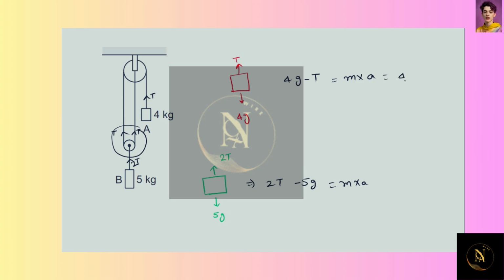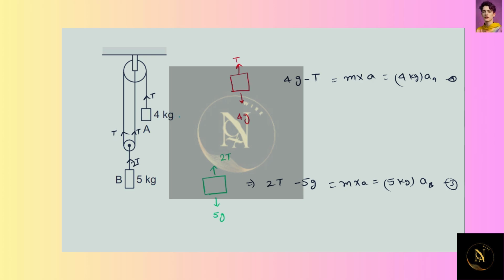So here mass is 4 kg and acceleration is what we have to find out, and here mass is 5 kg and acceleration, let us say, aB. Here we still have two equations and three variables, T, acceleration of block A and acceleration of block B. So technically it is not possible to solve three variables with only two equations. So we will have to find one more equation, which will be a relation between the acceleration of A and B.